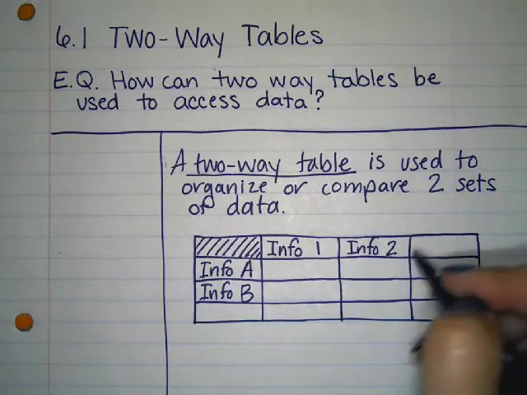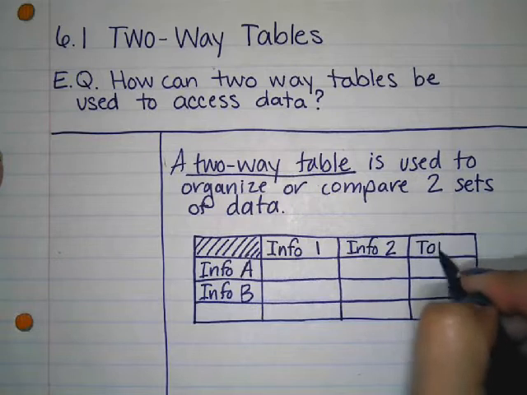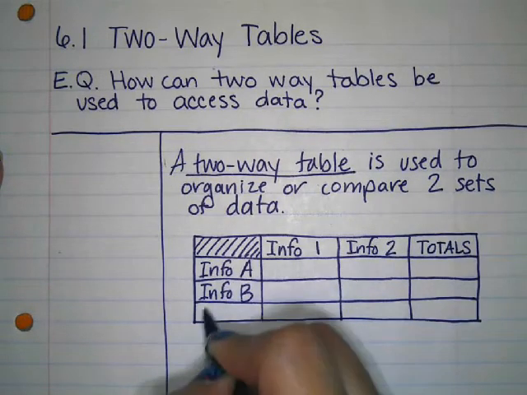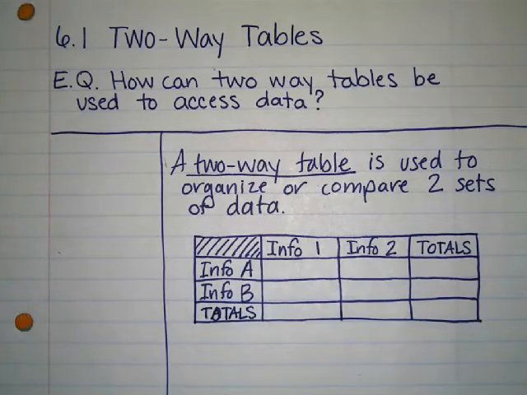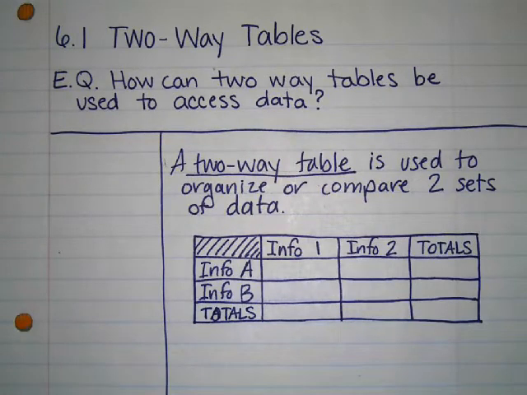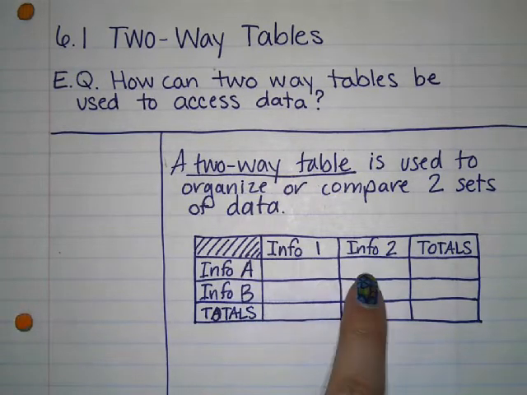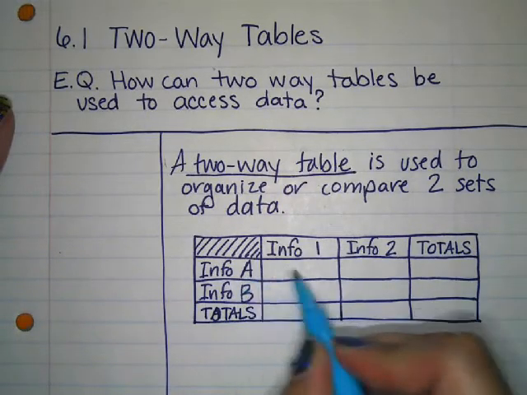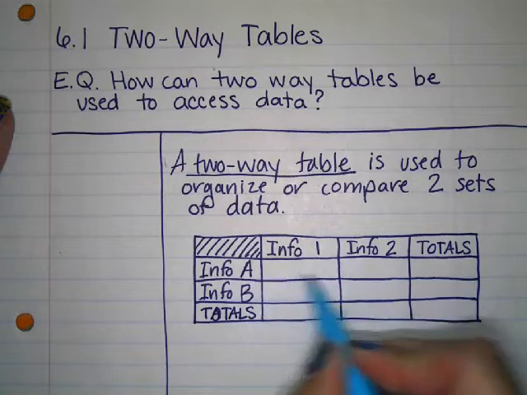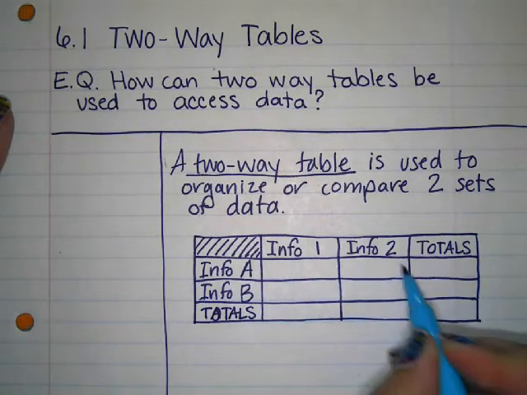All right, then we're going to have a totals column and a totals row here. Now we're going to start looking at this table, and I'm going to show you how this works. You're going to have some kind of values, numbers, in all of these squares. Going left to right in info A, whatever is in this section and this section is going to be added up.